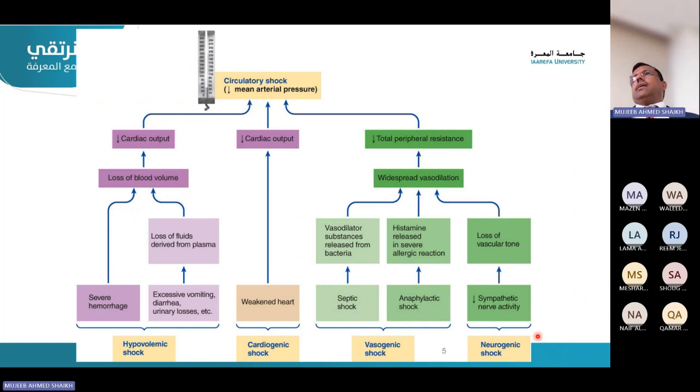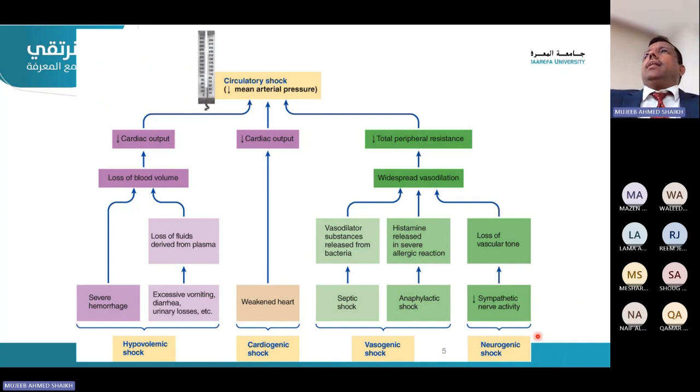We know that normal vascular tone is maintained by sympathetic supply. All the time the sympathetic system is working. It is firing at some rate, maybe 5 stimuli per second or 10 stimuli per second. If there is a cut of the sympathetic system, what will happen? Vasodilatation, yes.